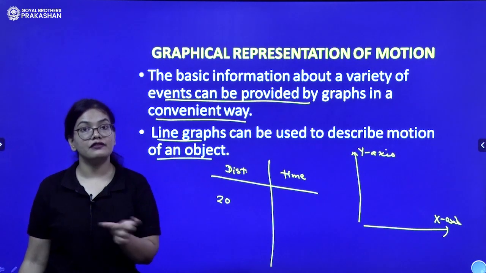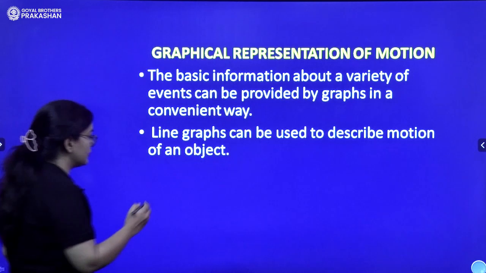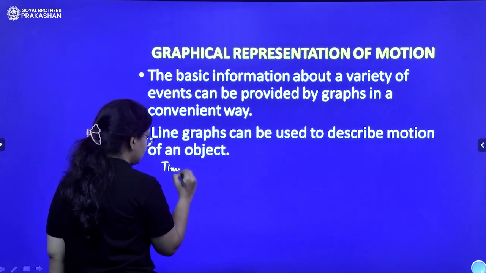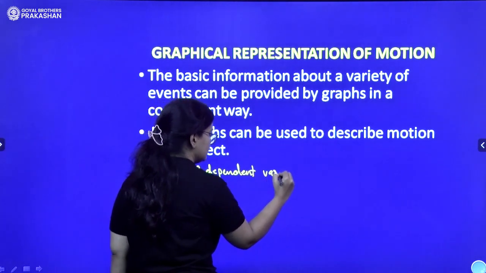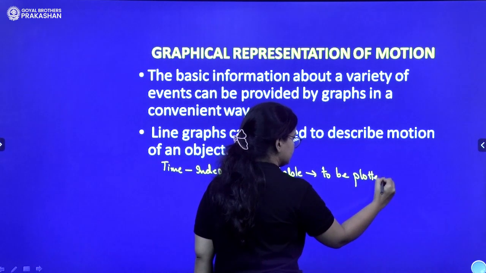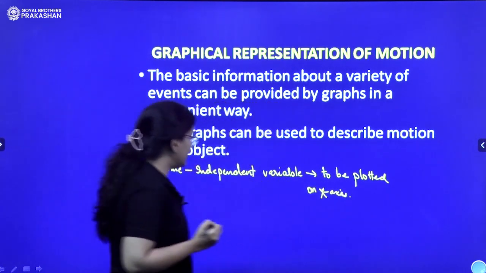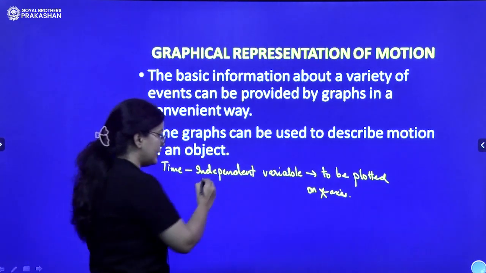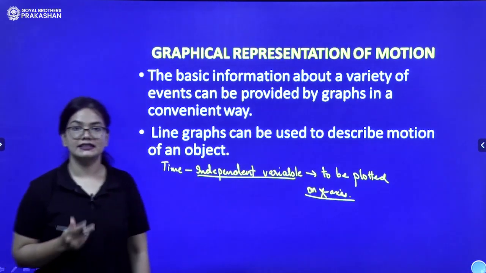So your time is varying, that is why we are calling it a variable. Time is your independent variable, and the independent variable is plotted on the x-axis.